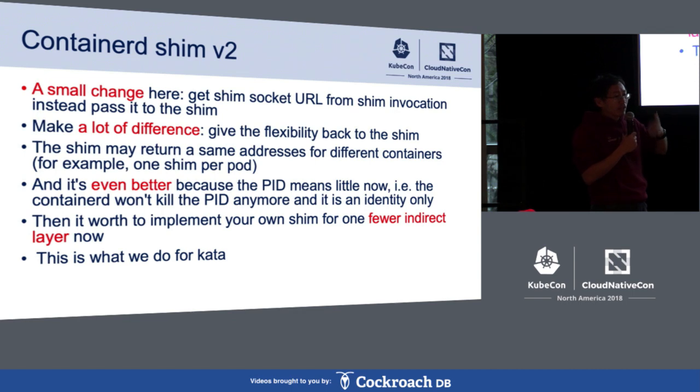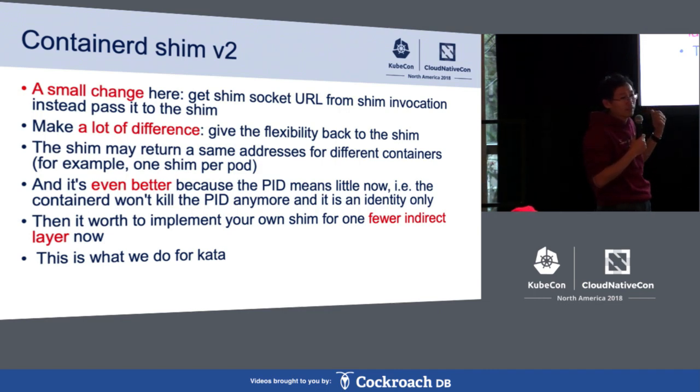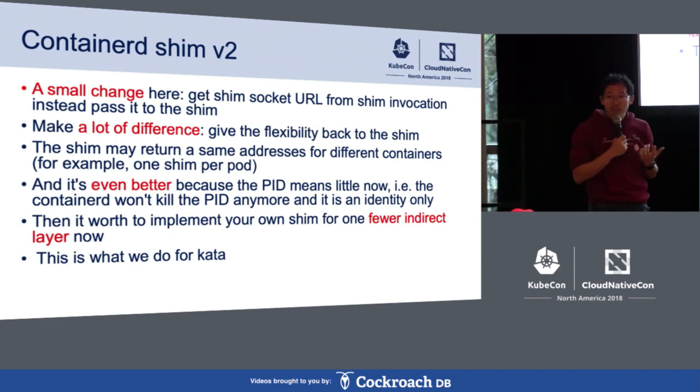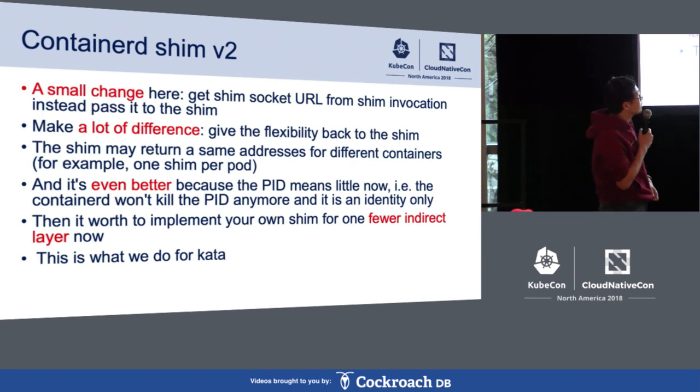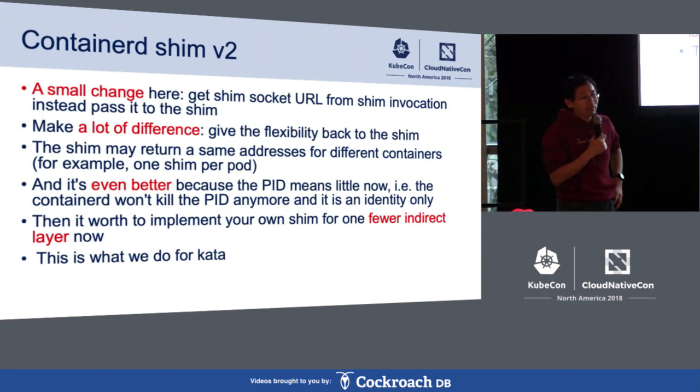If we launch containers inside a single sandbox, the whole sandbox could return the same address back to containerd. So there will be only one containerd shim for the whole sandbox, and no independent kata shim. So instead of 2 times n+1 shims, we have only one shim for one pod.